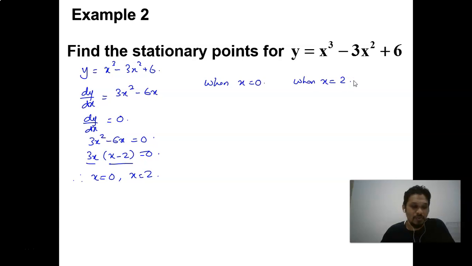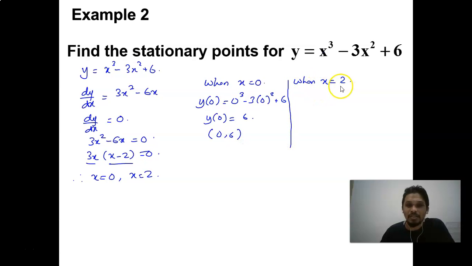So substitute x equal to 0 into the function of y. y of 0 equal to 0 cubed, minus 3 times 0 squared, plus 6, then y of 0 equal to 6. So the coordinate of the stationary point here is 0 and 6.